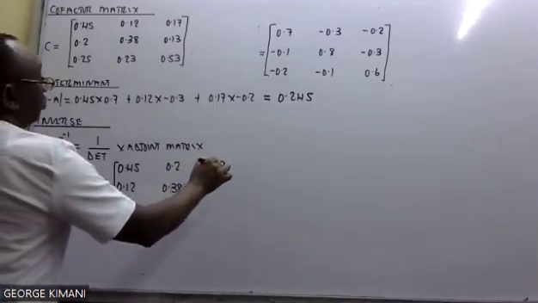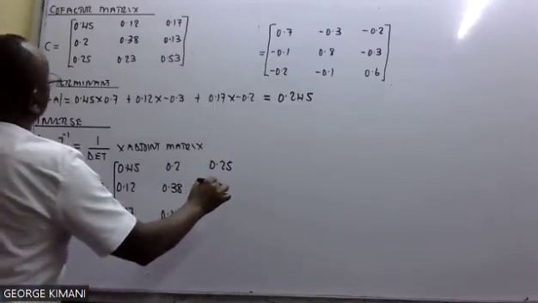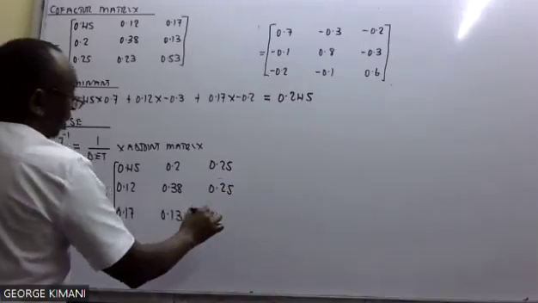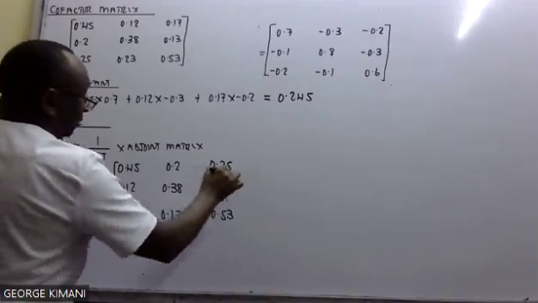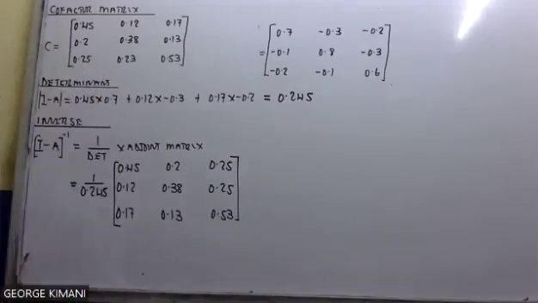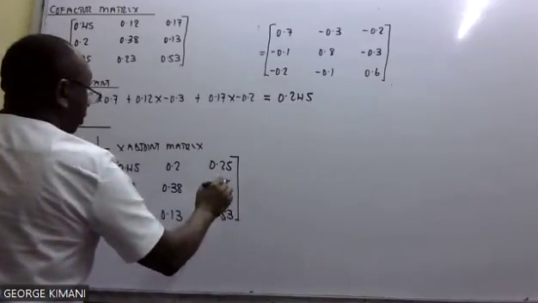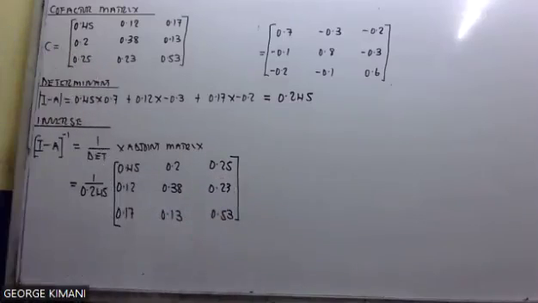Then 0.25, 0.23 and 0.53. No, that row is 0.25, 0.23, 0.53. Good.